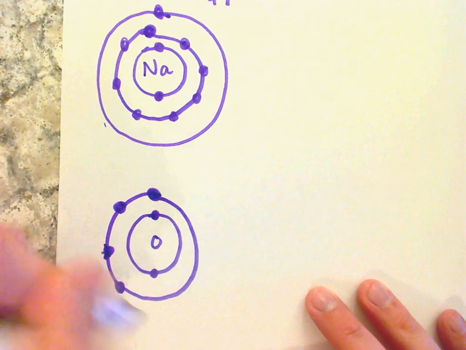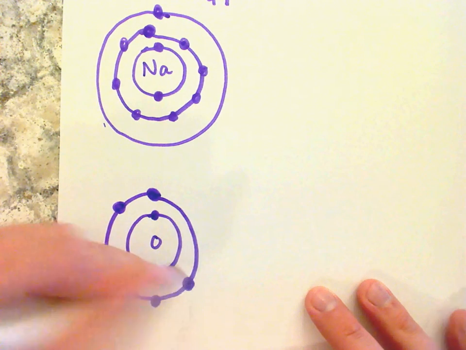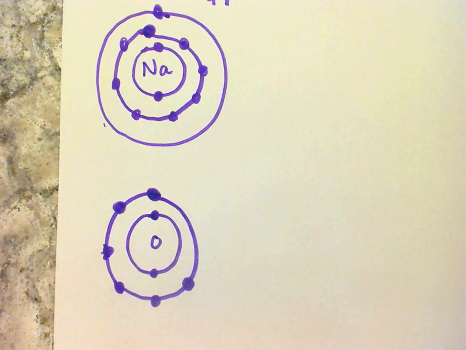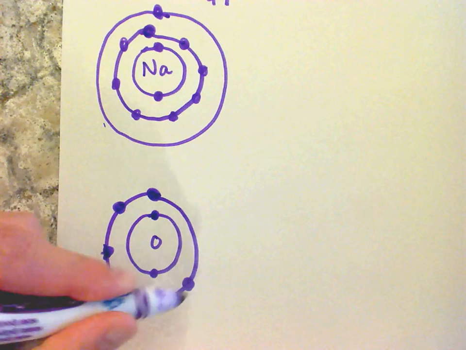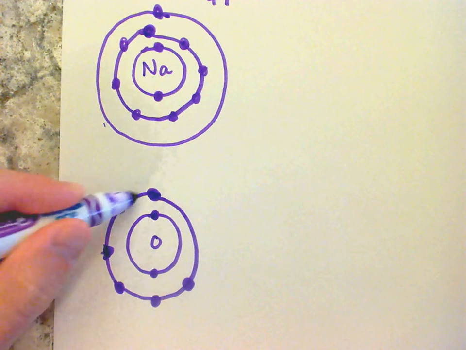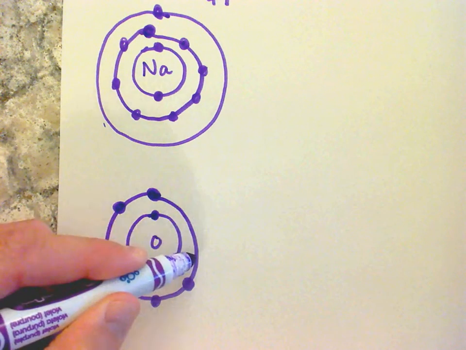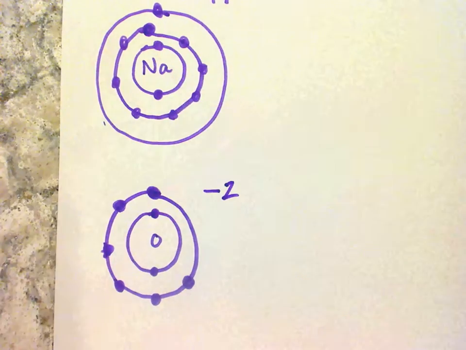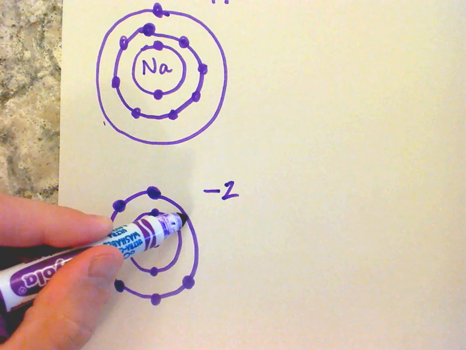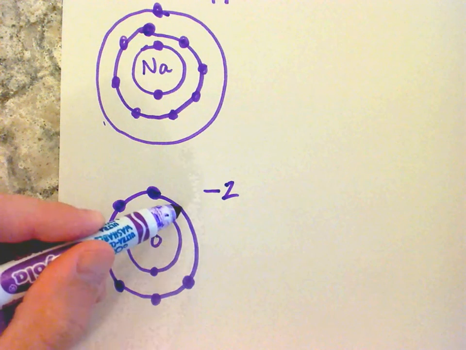I'm going to leave this gap over here so you guys can see the missing electrons. Now if you look at its outermost shell, this thing can hold 8. It has 6 electrons there, so that means it's missing 2, right? And so we're going to call this a -2 charge because it's looking to get 2 electrons to fill in these gaps. So -2 charge on that.